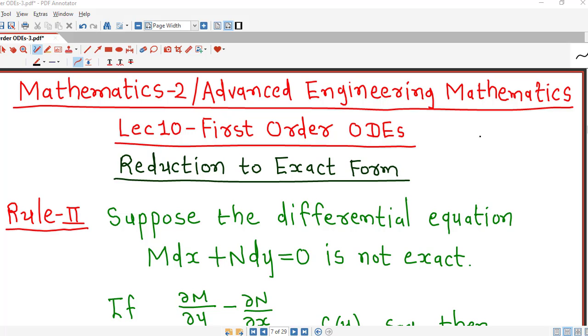In lecture number 9, we discussed working rule 1 to find the integrating factor for a non-exact differential equation.